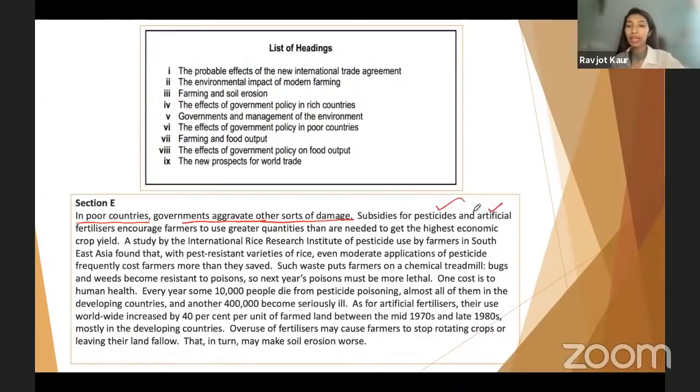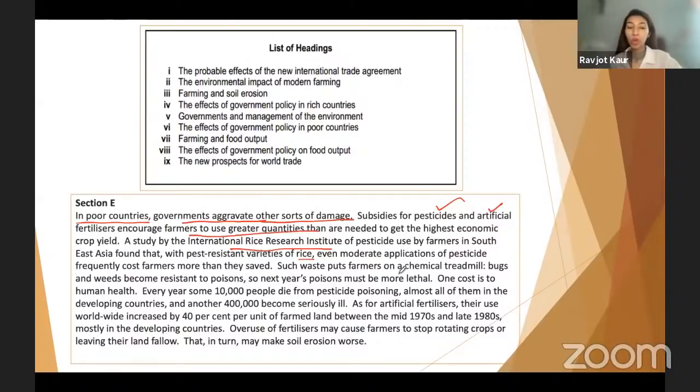Subsidies for pesticide and artificial fertilizer encourage farmers to use greater quantities than are needed. A study by the International Rice Research Institute of pesticide used by farmers in Southeast Asia found that with pest-resistant varieties of rice, even moderate application of pesticide frequently cost farmers more than they saved.